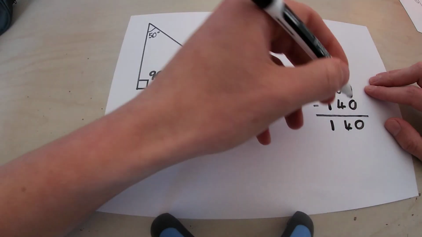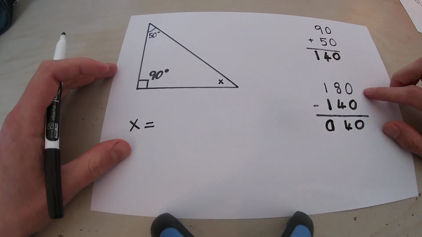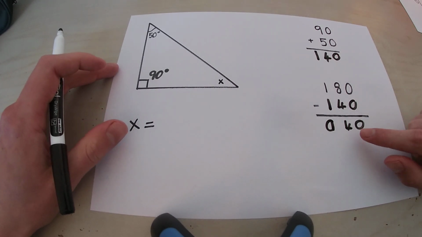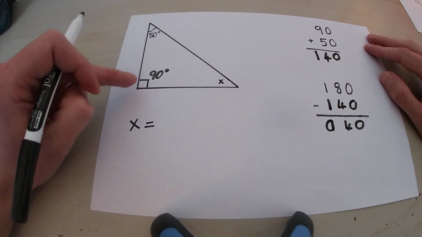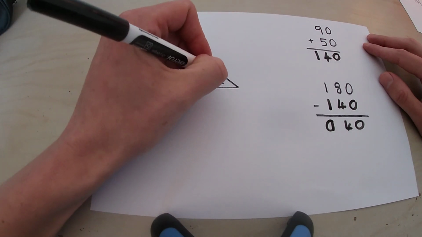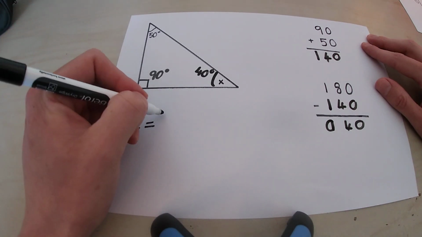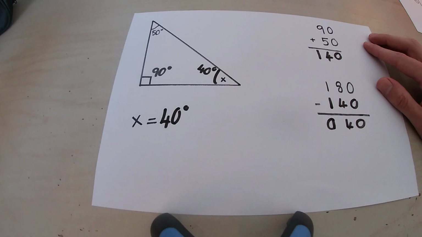Sorry about that. So 180 subtract 140 is 40. So this is our 50, this is our 90, our unknown is 40 degrees. Our x is 40 degrees.